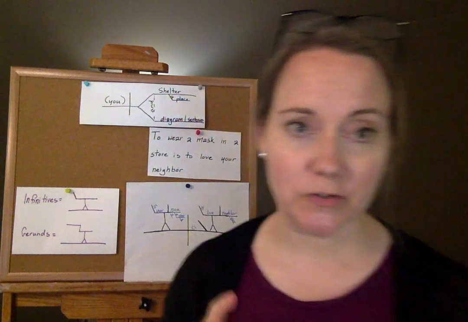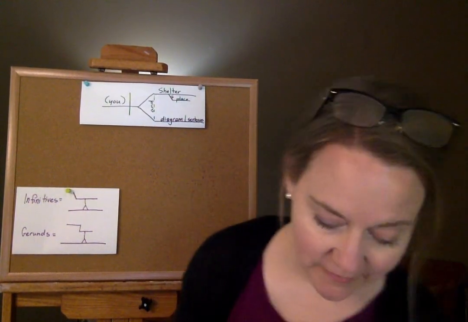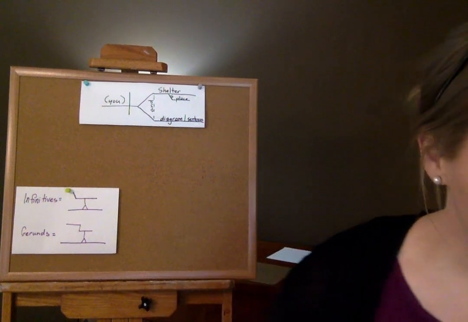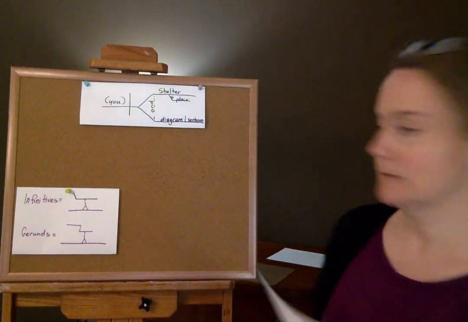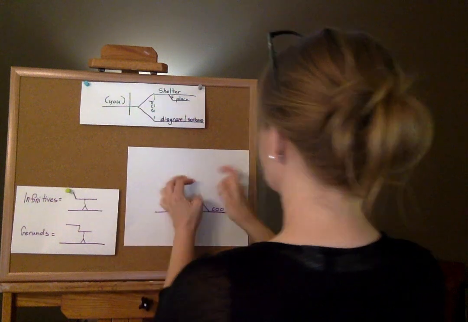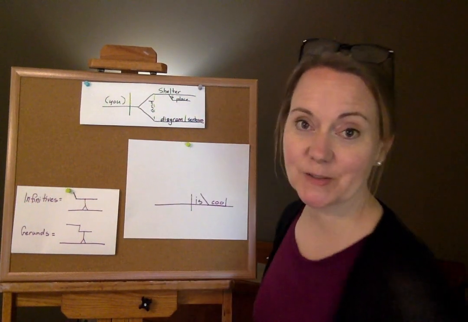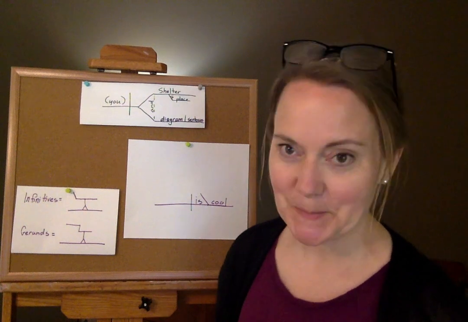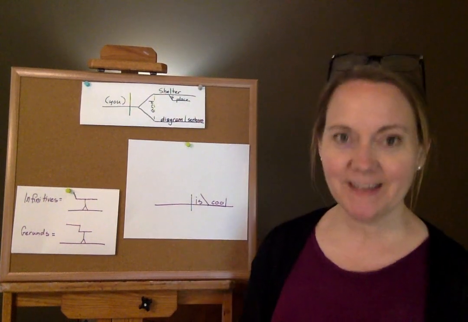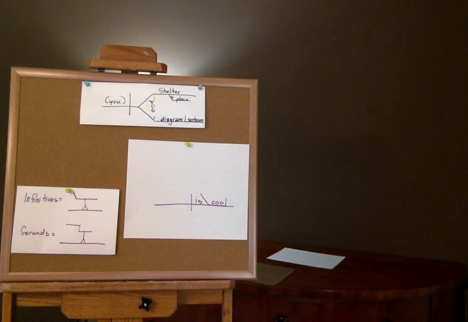But let me get our first sentence up there. Our first sentence today, I'll give you a teaser. Something is cool. What could it be? What gerund might be cool?